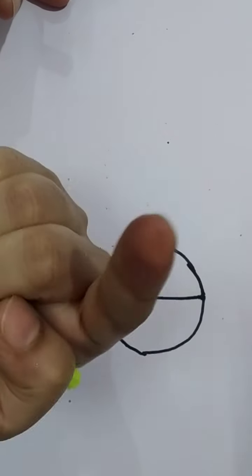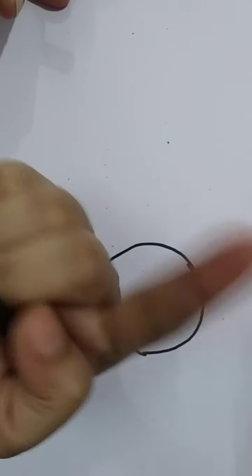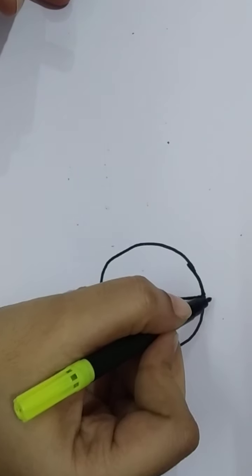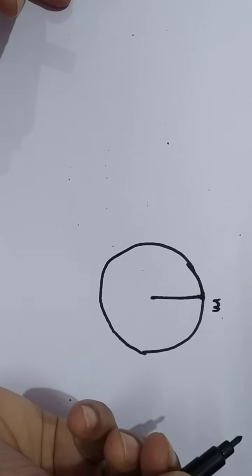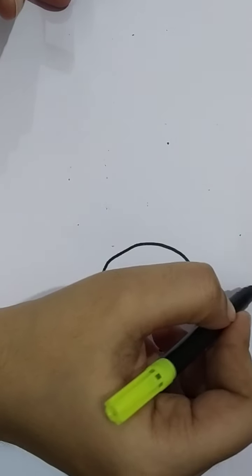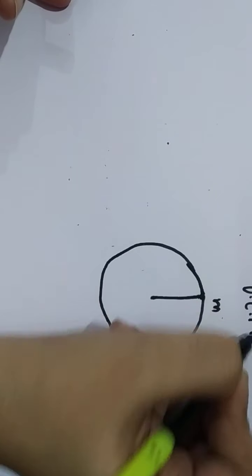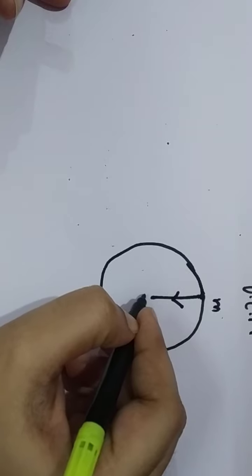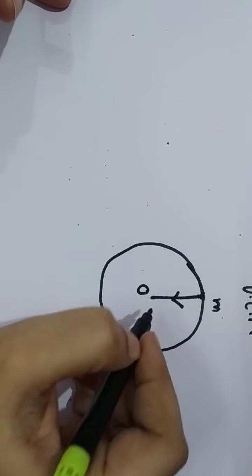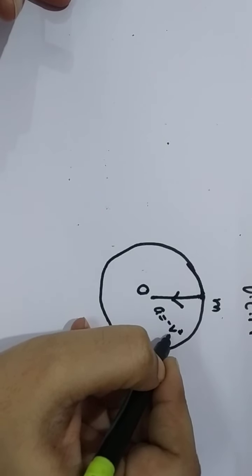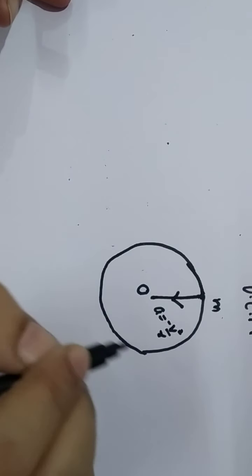By means of one finger I can rotate the stone in a horizontal circle. Suppose the stone has mass m. The acceleration in uniform circular motion is directed along the radius towards the center. This acceleration a is nothing but minus v square upon r.